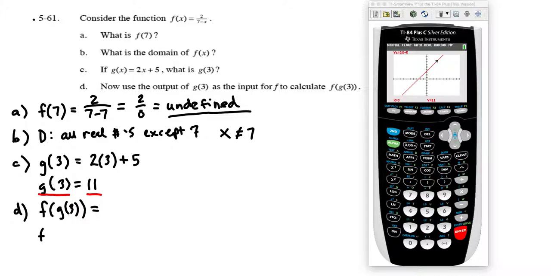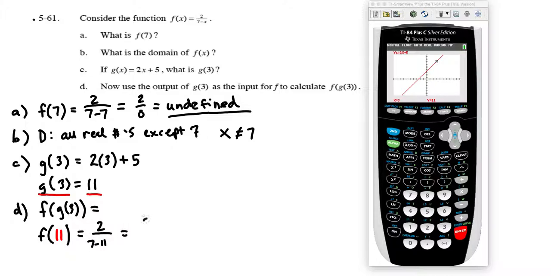So in other words, we're looking at our function f of, well, we're plugging in 11 as our input. So we're saying f of 11 equals, and we'll take it here, we're going to plug in 11 into the fraction here. So we're going to say 2 over 7 minus 11.